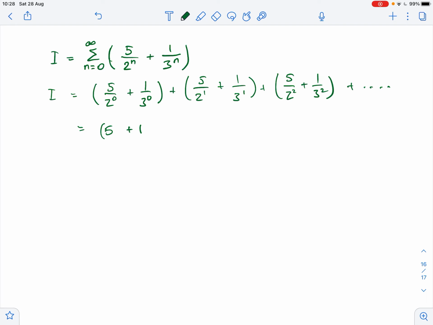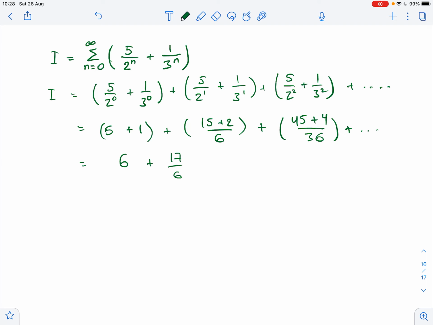This equals 5 plus 1, then plus 15 plus 2 over 6, plus 45 plus 4 over 36, and so on. So this equals 6 plus 17 over 6 plus 49 over 36, and so on.